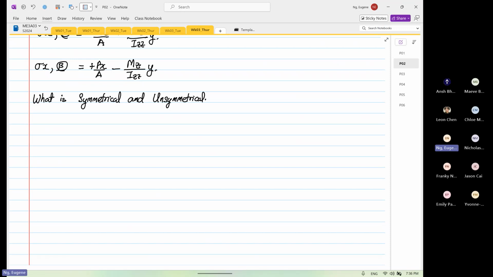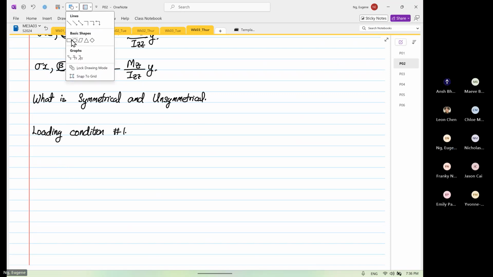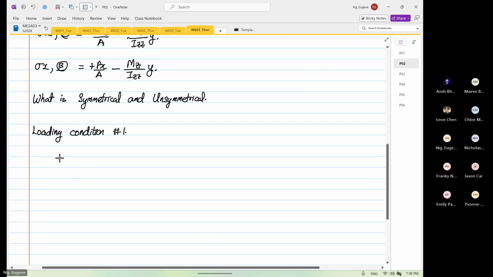Okay, I'm going to draw two. We have loading condition number 1. So in loading condition number 1, we have a beam, simply supported again.